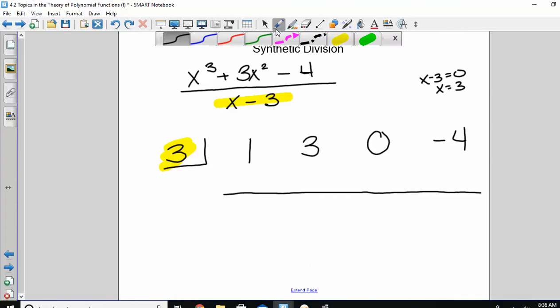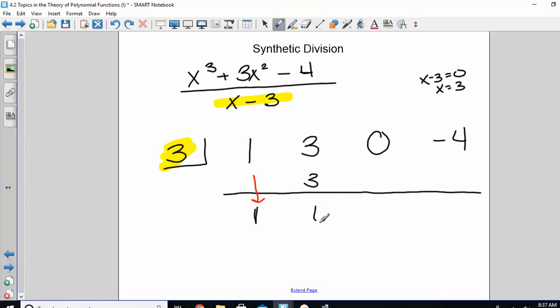So the first step, your first number comes all the way down. So I just bring down my 1. And then it's a series of multiply and add. You multiply the number down here times the number in the box. So 1 times 3 is 3. So we put it. And then we add. 3 plus 3, 6.